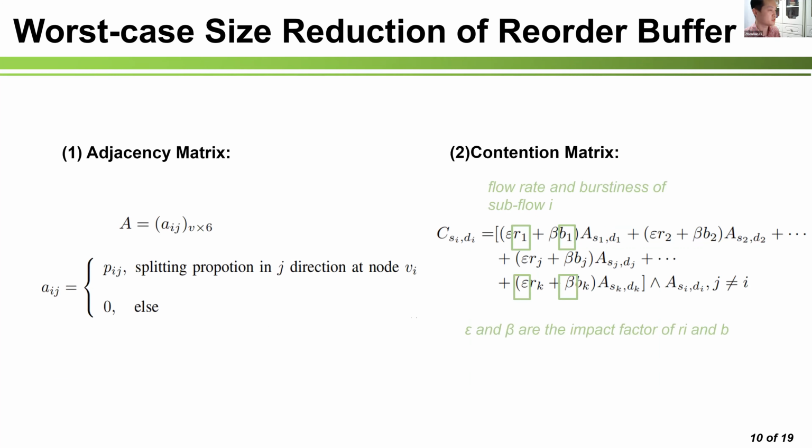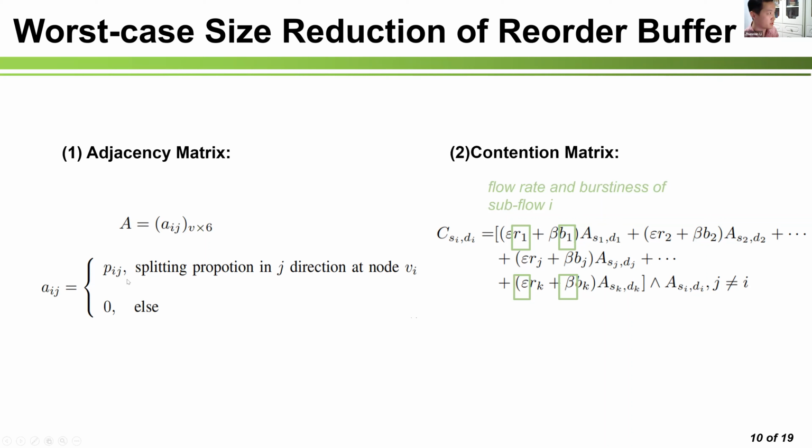The method uses 3 steps to calculate a clever way of splitting the data traffic, so it will result in a smaller worst case buffer size.